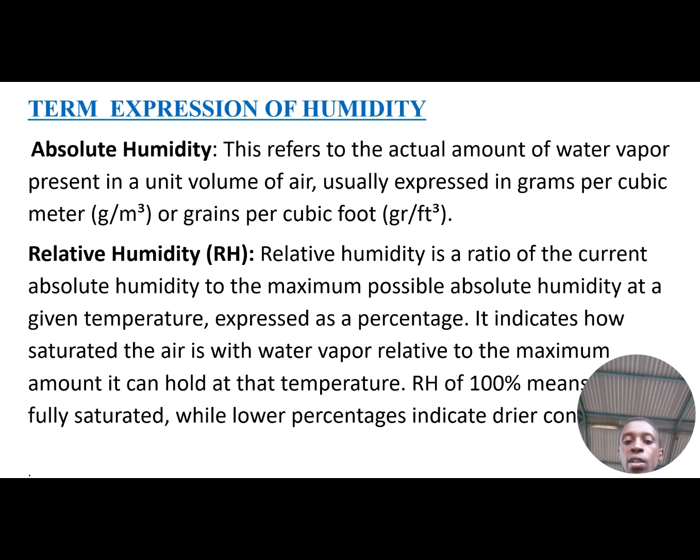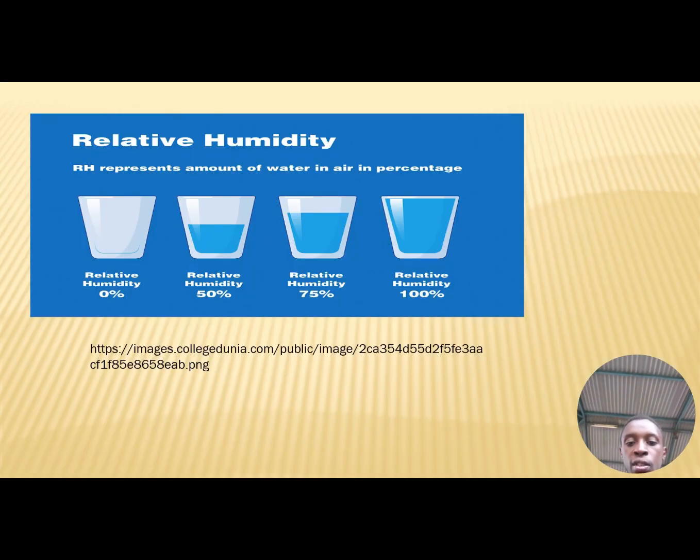It is expressed as a percent, and it indicates how saturated the air is with water vapor relative to the maximum amount it can hold at that temperature. A relative humidity of 100% means full saturation, while a low percent indicates dry conditions. Here we have a picture that shows relative humidity.